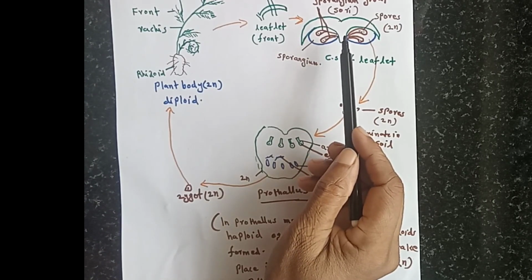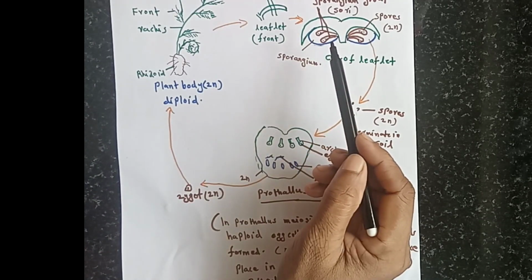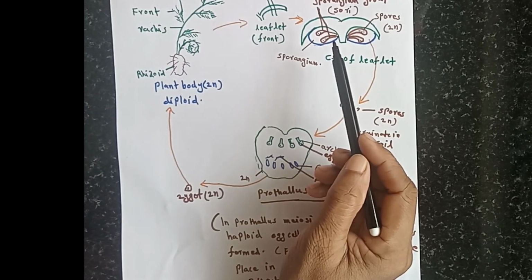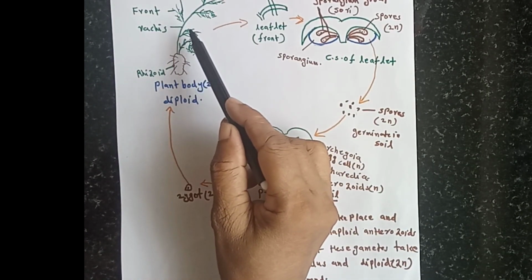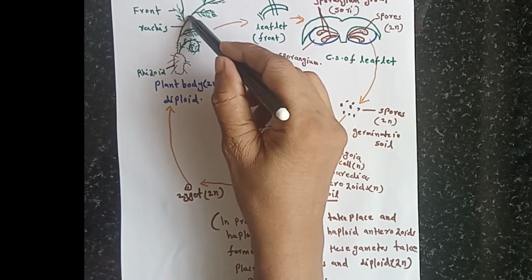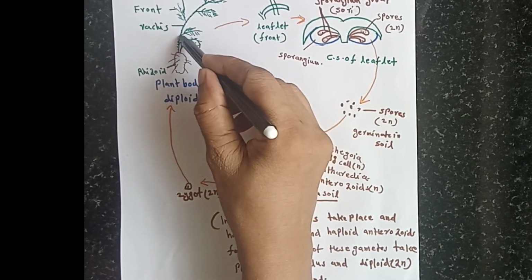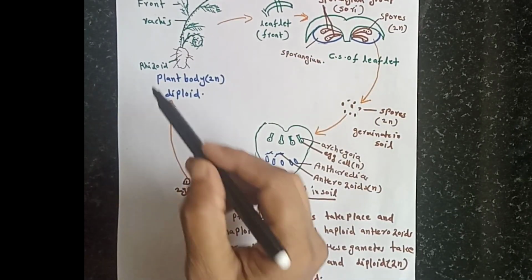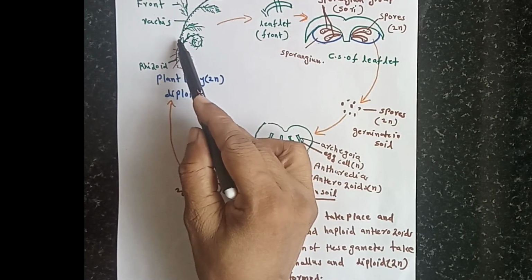Indusium is a unicellular layer of cells that protects sporangia. The brown scales that cover fronds and young leaves are known as ramenta.